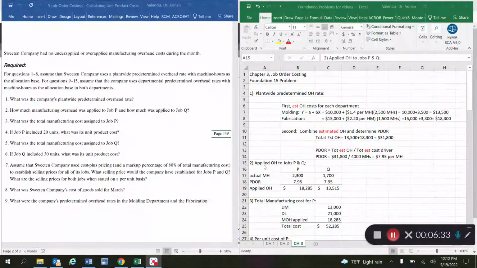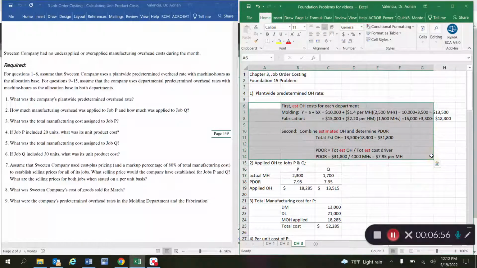And the difference here is that when we apply overhead, keep in mind, we're going to apply overhead using an estimated rate, but based on the actual machine hours. So I hope you can see how that differs. Everything that we did to come up with this overhead rate was based on estimates, everything.